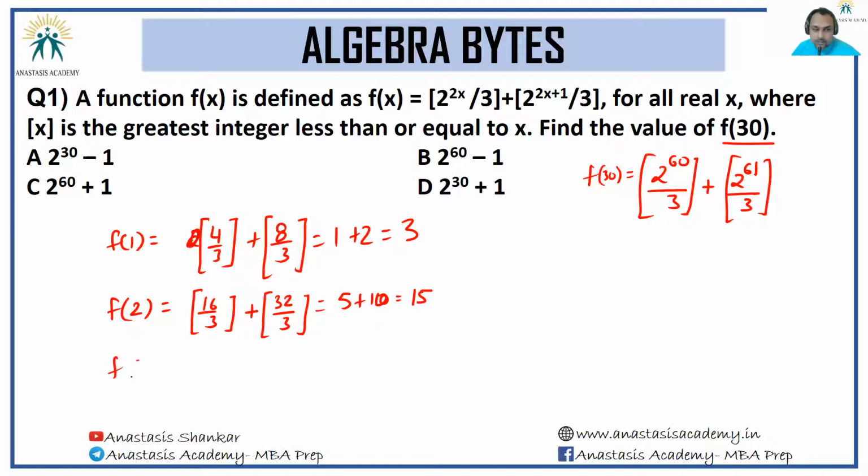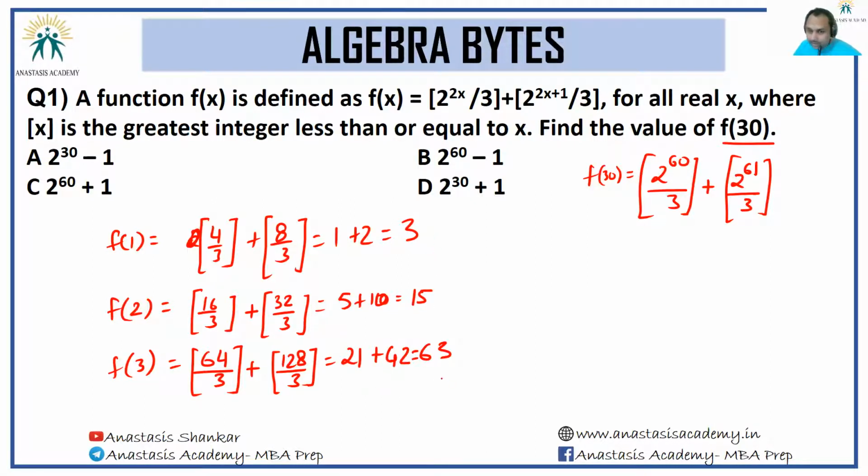Next is f(3). I have 64 by 3 plus 128 by 3. So I'll get 21 plus 42, or equal to 63.